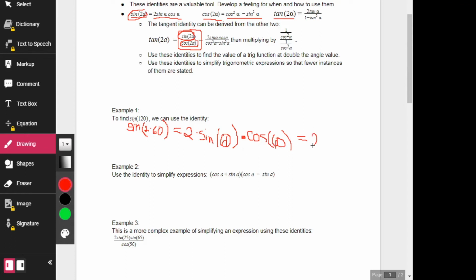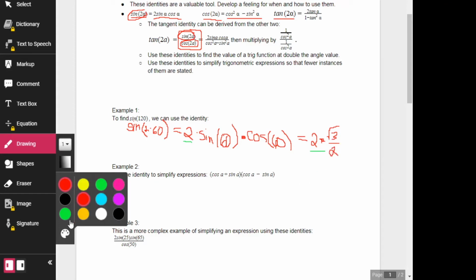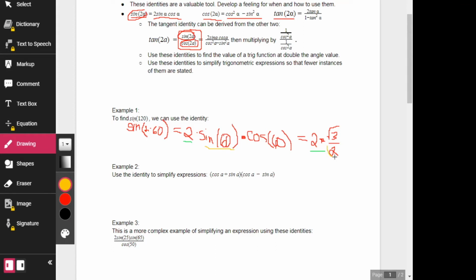So this is going to be 2, that's this 2 right here, times sine of 60, which is root 3 over 2, and then times cosine of 60, which is a half. So we've got 2 times a half, which is just 1, which means it's just root 3 over 2.